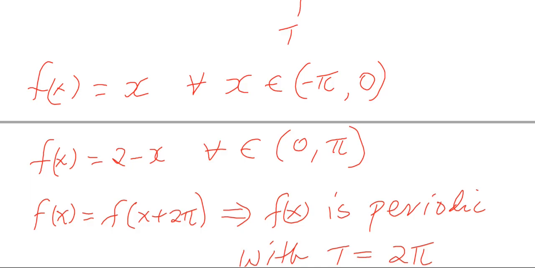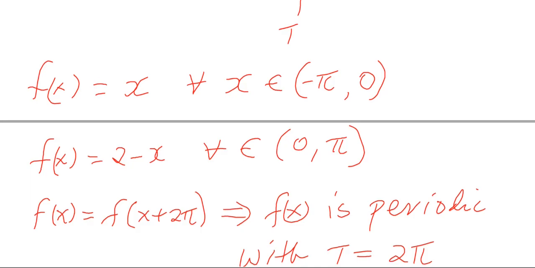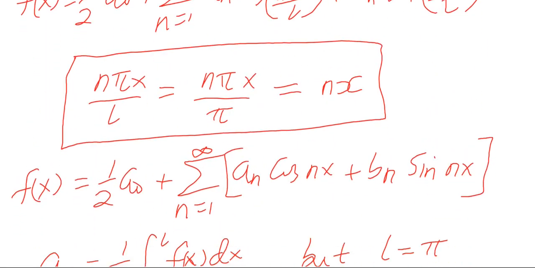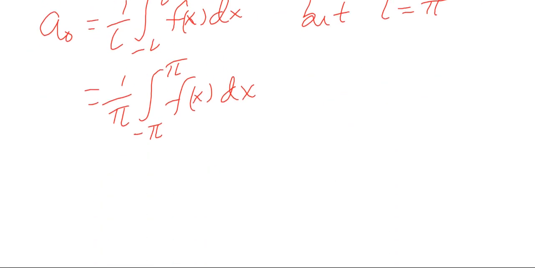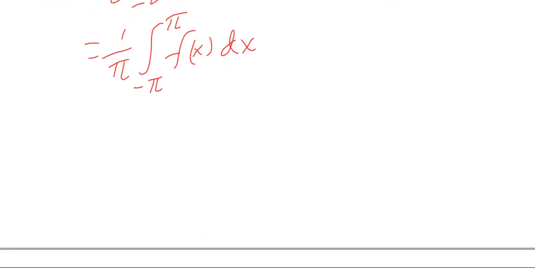Then in the interval between 0 and pi, the function is defined as 2 minus x. So in that interval, we shall be working out the integral of 2 minus x. So these are the values that we substitute here.